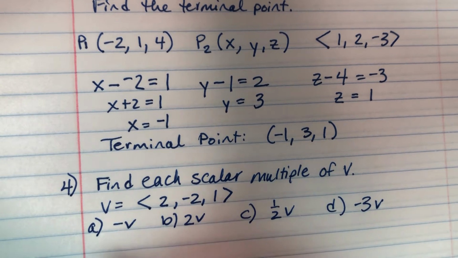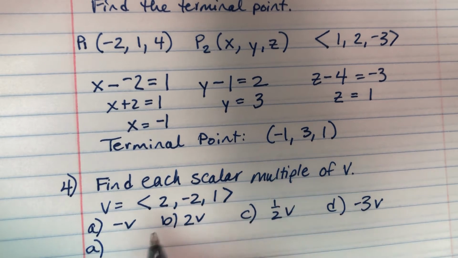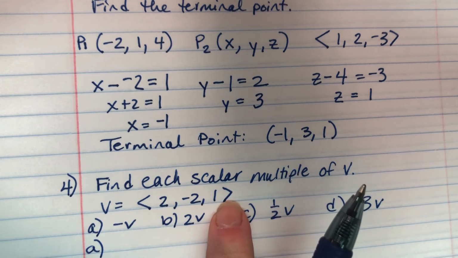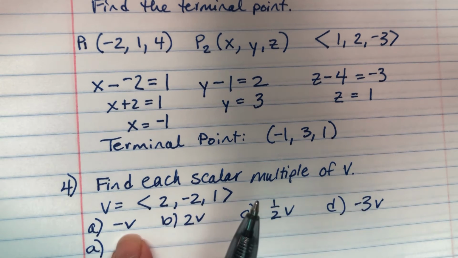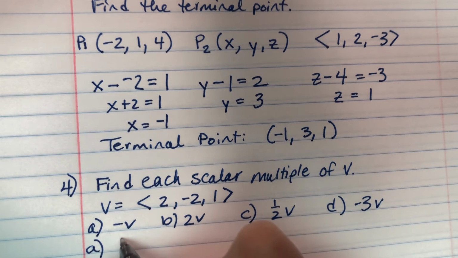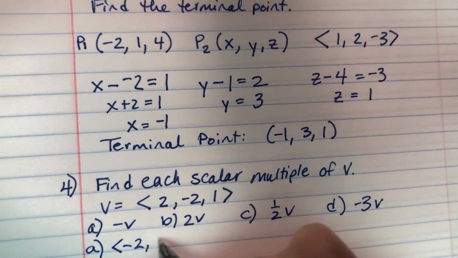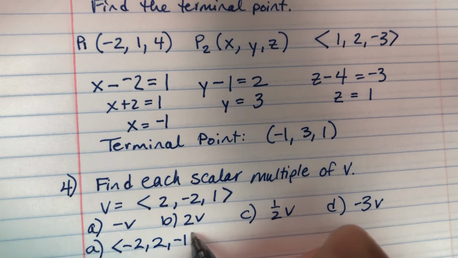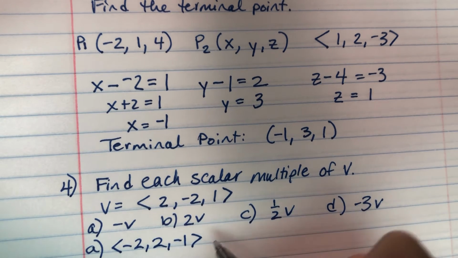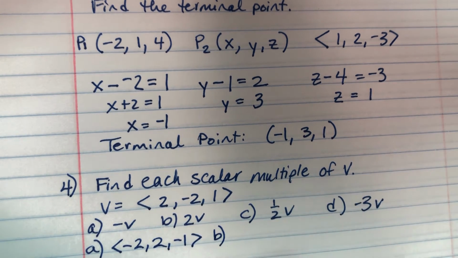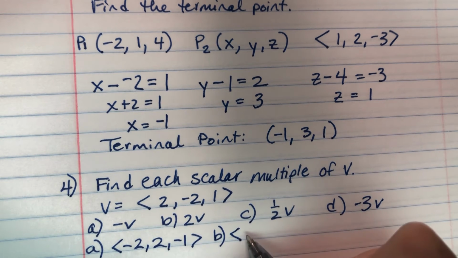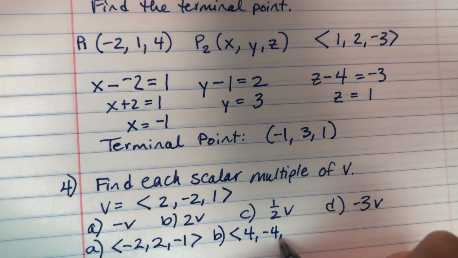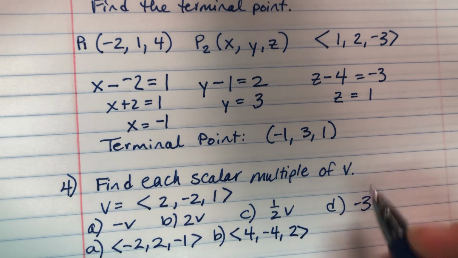So for part A, negative v, we're just going to take each element of vector v, 2, negative 2, and 1, and multiply them by negative 1. So we'll have negative 2, positive 2, negative 1, and that's done. For part B, we're going to double each element of vector v, so that's going to be 4, negative 4, and 2.